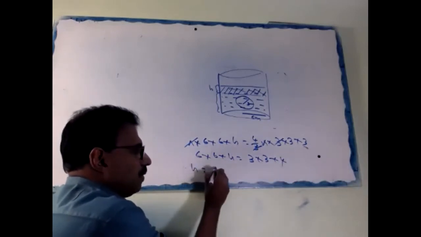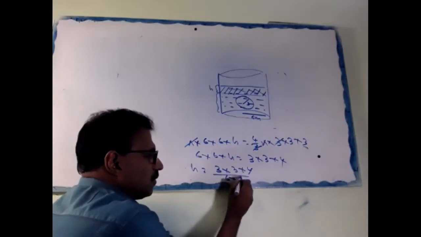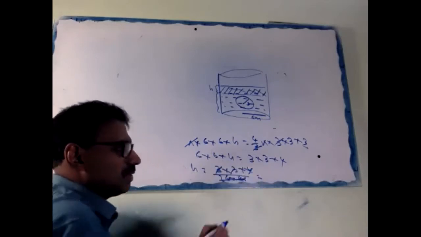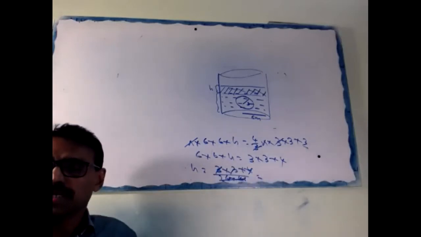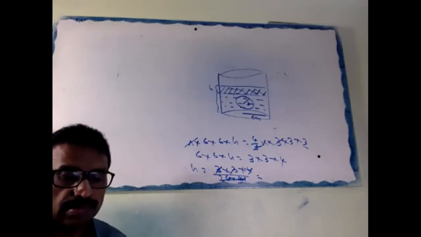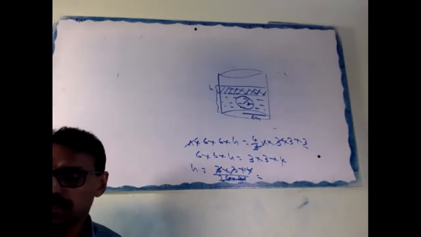H equal to 3 into 3 into 4 divided by 6 into 6. 6 cancel 2, 6 cancel 2, so 1. That means H equal to 1 centimeter. Clear now?